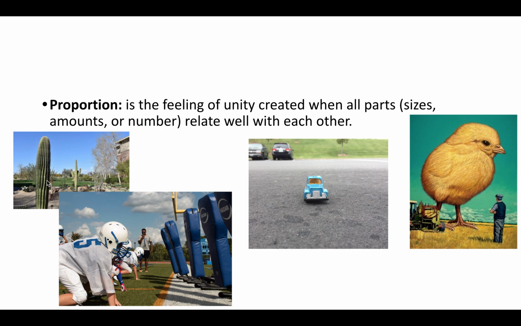This cactus is obviously not as big as this building, so it gives you the sense that this building is farther behind you standing close to the cactus. So artists and photographers can use it to give an idea of perspective and depth in a photo.